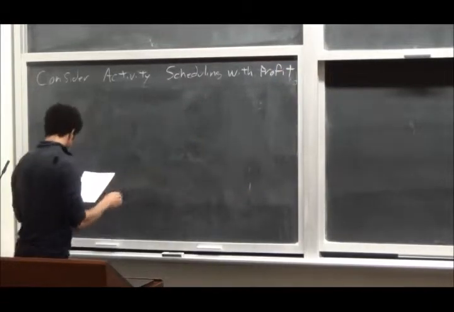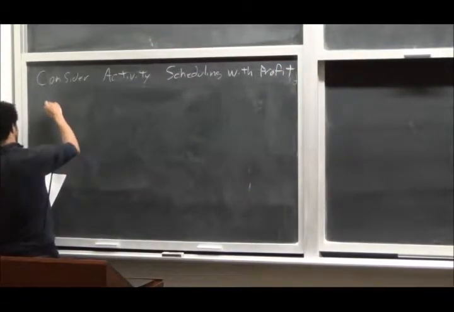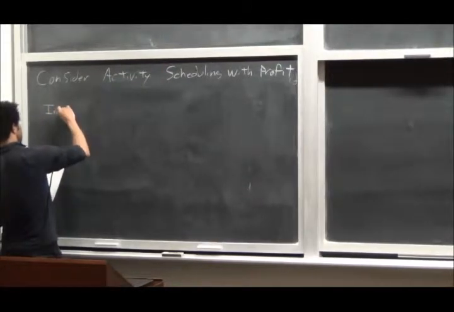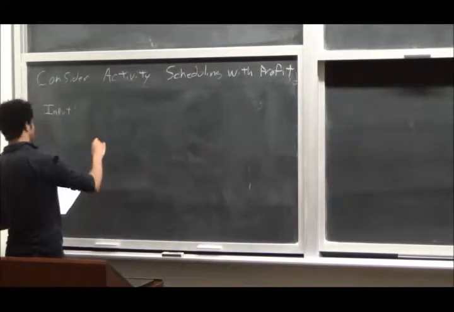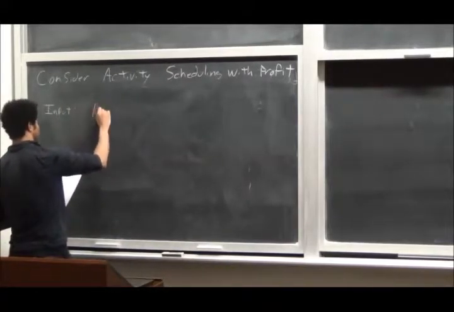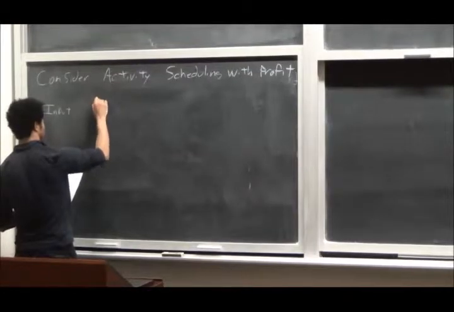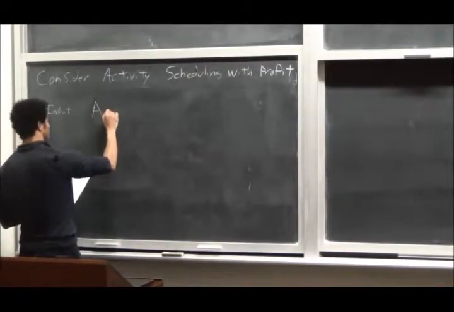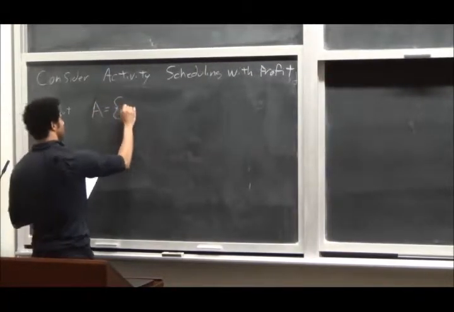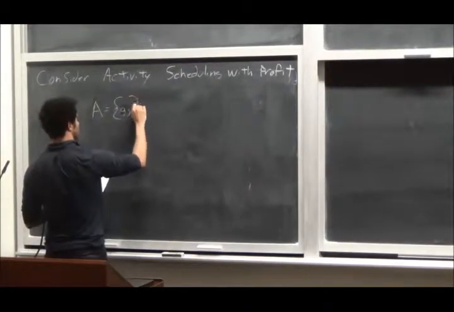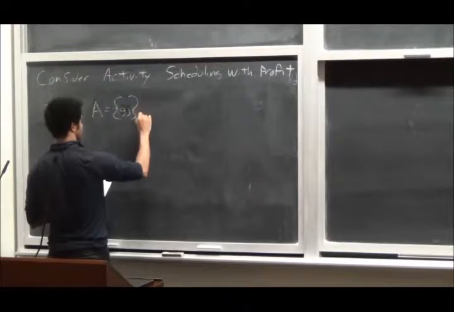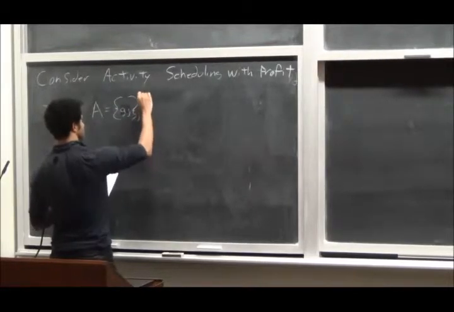So the general idea with this problem is, as always, we'll be given some input, and it's going to be the same set that we usually deal with, activity selection A, where J starts at 1 and goes to some n.